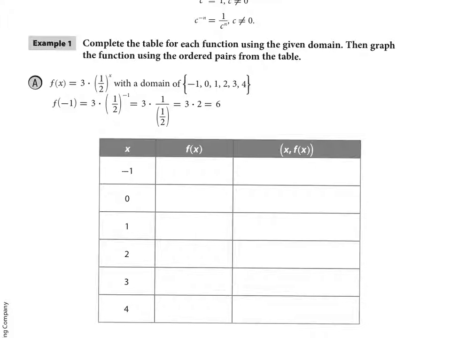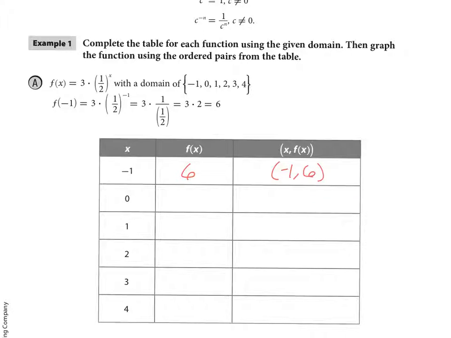So I could do -1 as my exponent. Remember, if it's a negative exponent, we do the reciprocal. Now they've decided to do it as a fraction, but the reciprocal of 1/2 is 2, so it now becomes 2 to the first power. You simplify that, 3 times 2 is 6. So we now have f of x is equal to 6, so we have the point -1, 6.